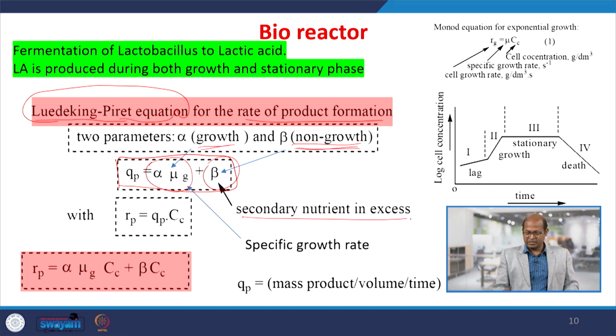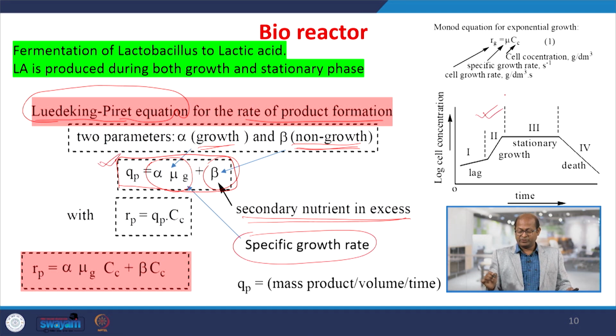So, this is the secondary nutrients, or nutrients in excess, and here the specific growth rate, and at this particular phase, the stationary phase, how much concentration of the substrate is being consumed to form the product. So, in the two cases substrate consumption is there, and if we sum them, we get the total rate of product formation.